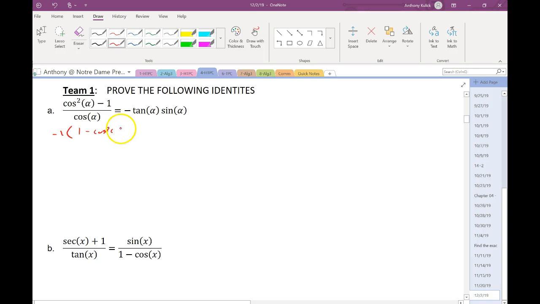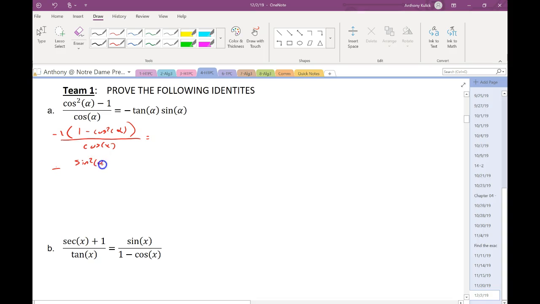Oops, those are alphas. You happy there? And at this point, I'm just going to turn that negative 1 into a negative sign on the problem. And 1 minus cosine squared is sine squared.